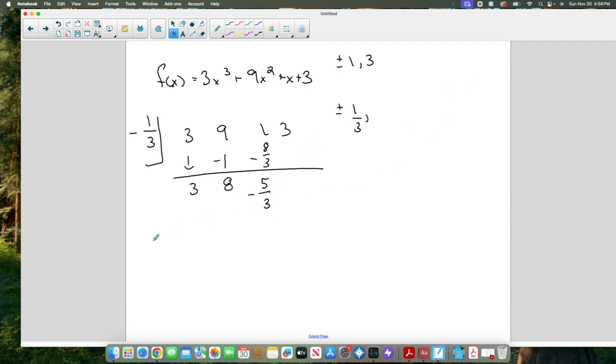Let's try negative 1 and see how that works. Three, negative 3, 6, negative 6, 5, negative 5, negative 2. So it still doesn't work.